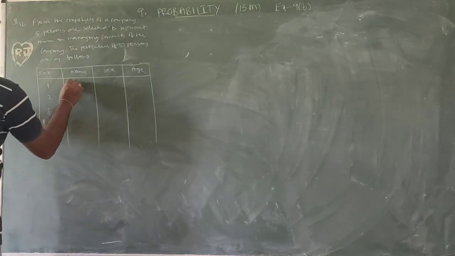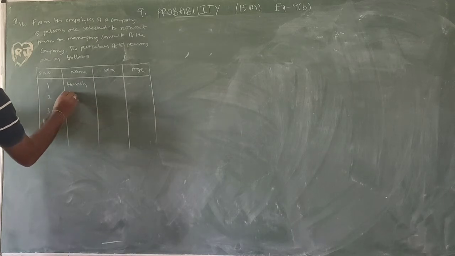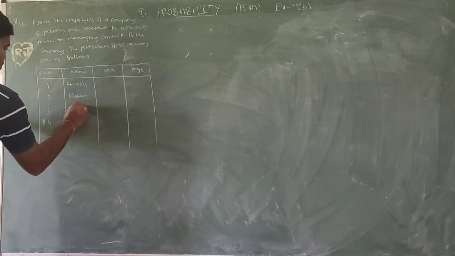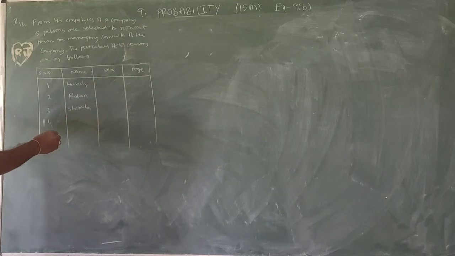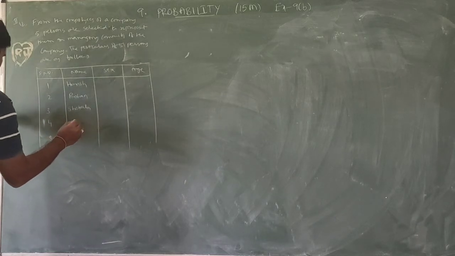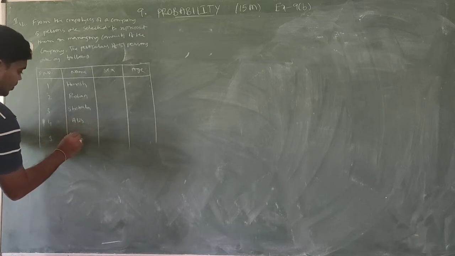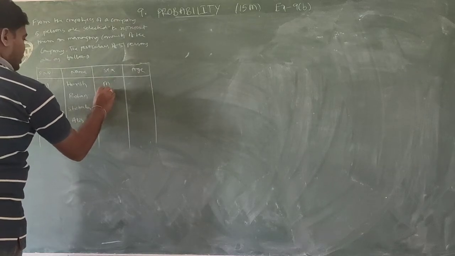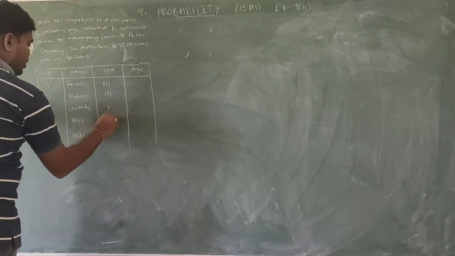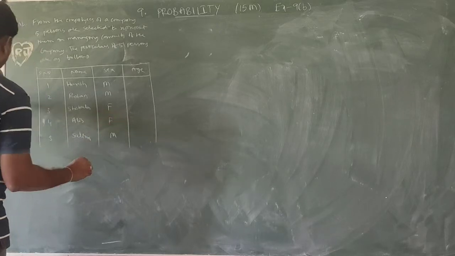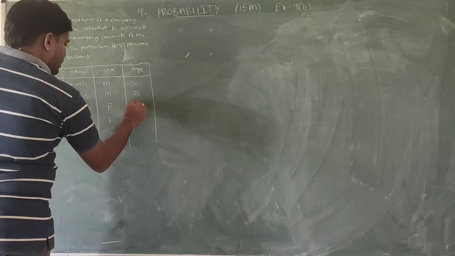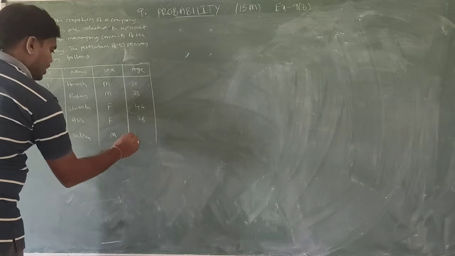Harish, Rohan, Sheetala, Alice, Salim. Their gender: male, female, male. Ages: 30, 33, 46, 28, 41.